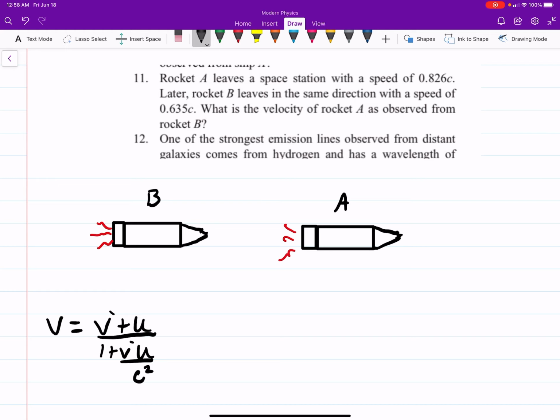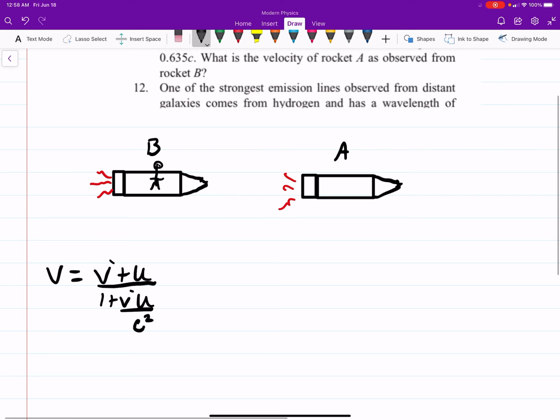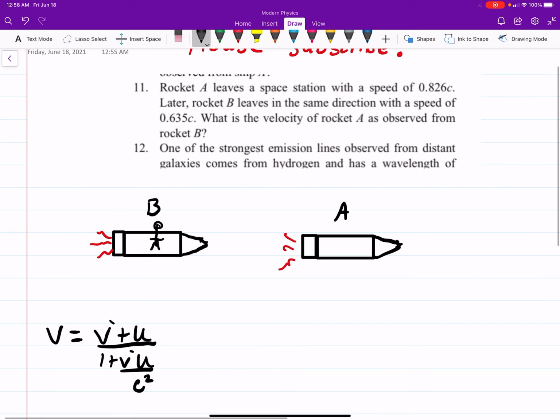Well, our reference frame will be somebody on ship B. Its reference frame is given, that's U. U is the reference frame, which is this, so that's good.